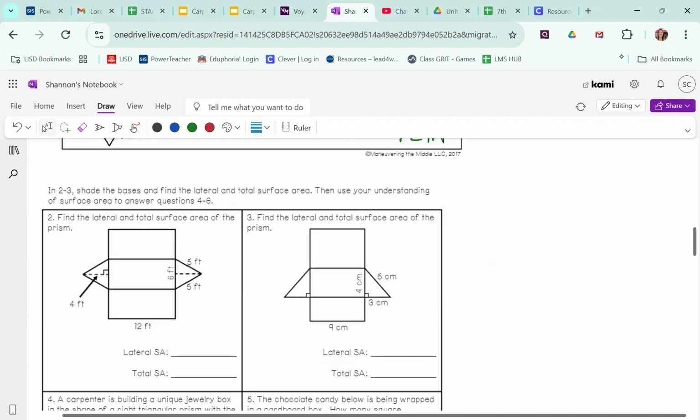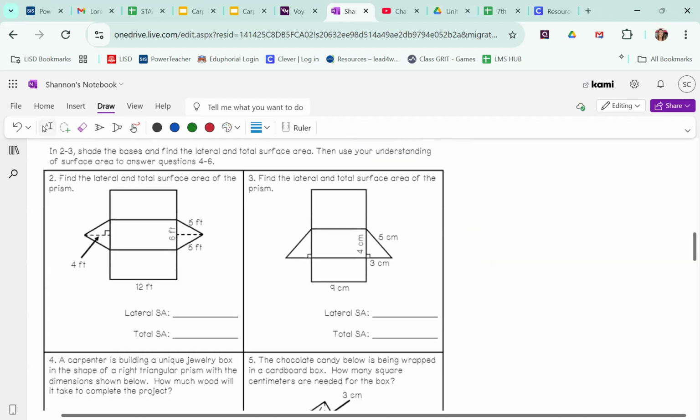All right, let's look at number 2. All right, number 2, we're going to find the lateral and total. So remember, lateral is just the faces, not the bases. Okay, so for shape 1, we have 5 times 2.